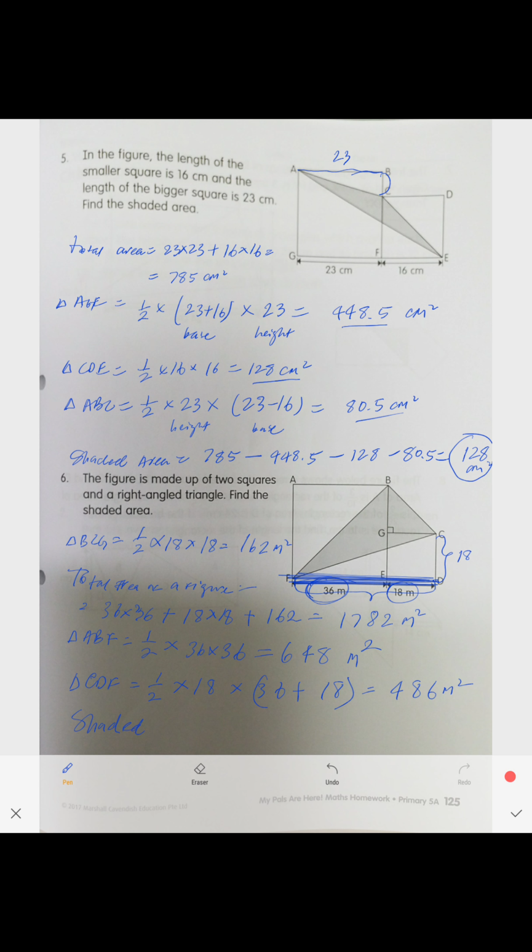You just calculate your shaded area. Total figure 1,782 minus 648 minus 486 is equal to 648 square meters. That's your answer.